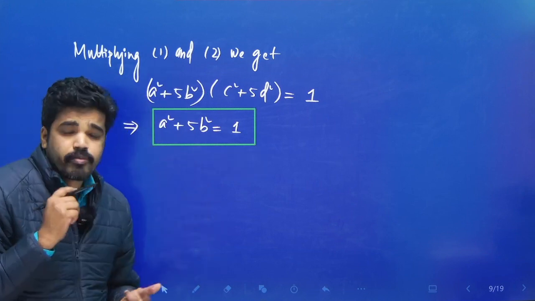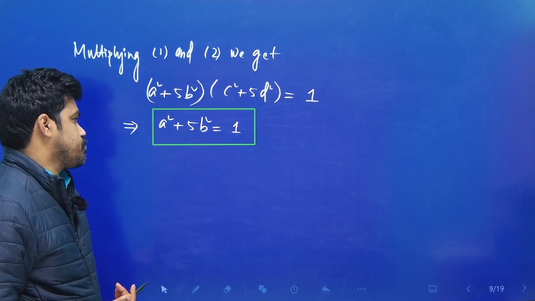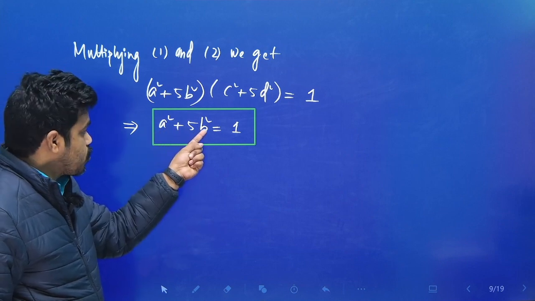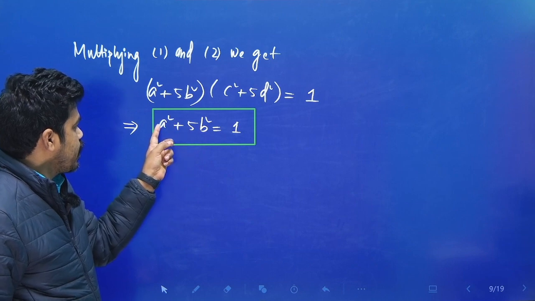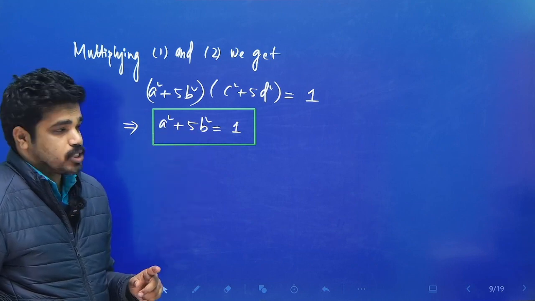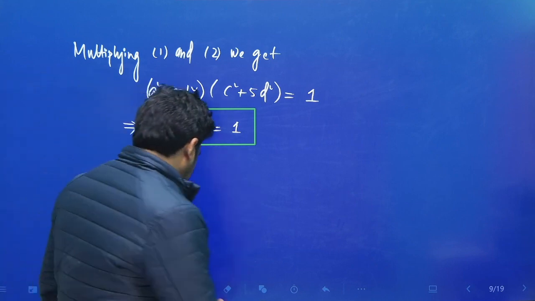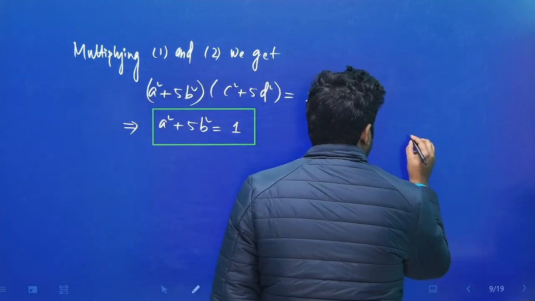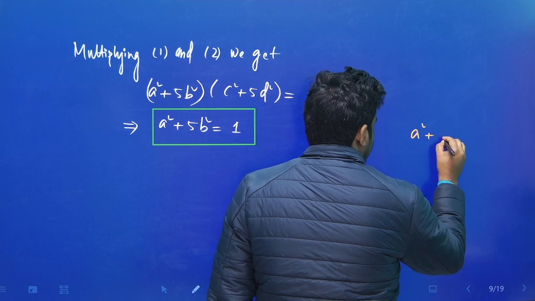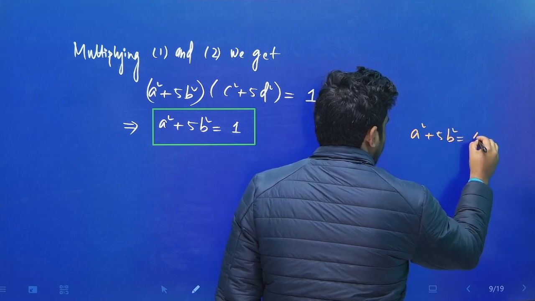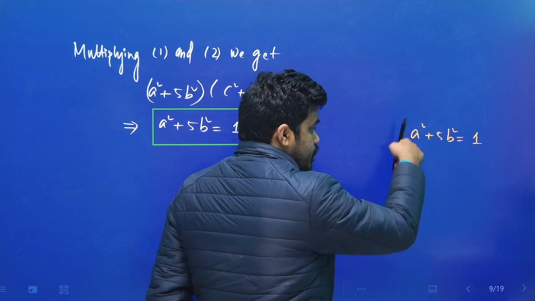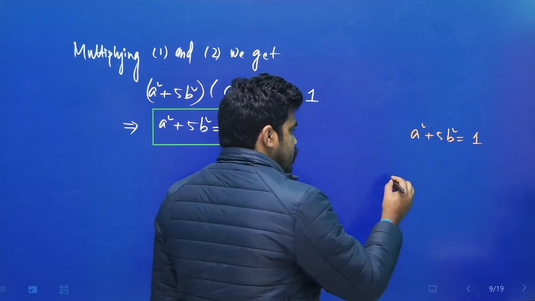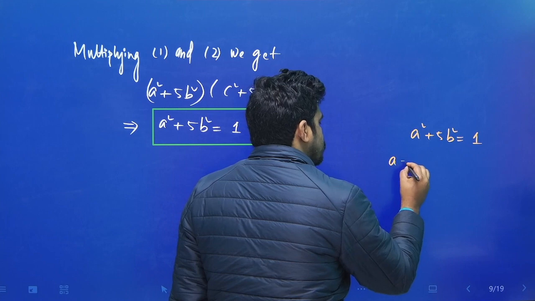Now I have to find the values of a and b. See, if you choose b equal to 0, then a is equal to plus 1 or minus 1. We got the relation a square plus 5b square is equal to 1. What are the possibilities of a and b such that this equation is satisfied? Suppose you choose a is equal to 0.